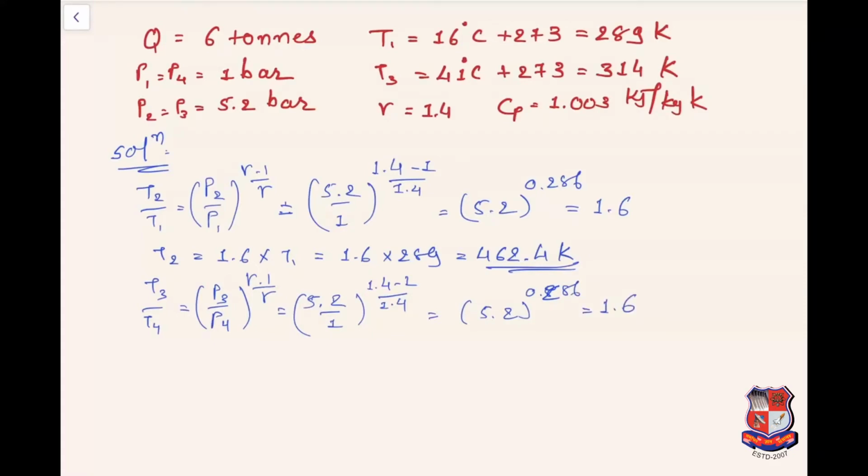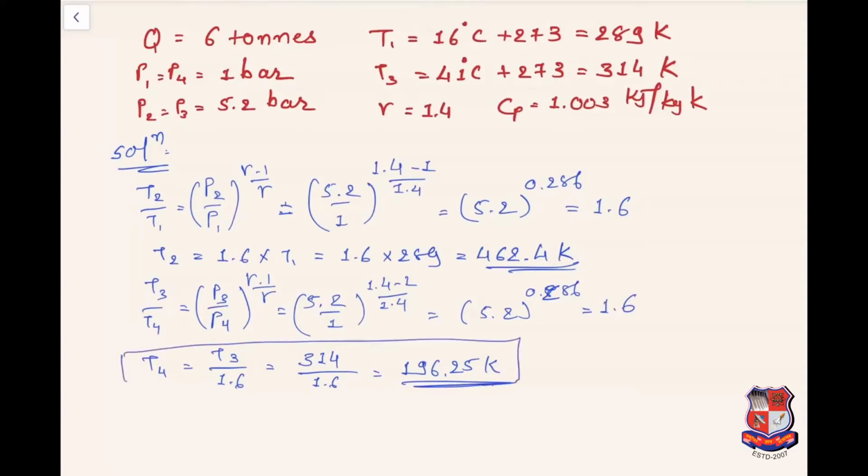So from that we can find out T4, and that is equal to T3 divided by 1.6, so 314 Kelvin divided by 1.6, and that is equal to 196.25 Kelvin.